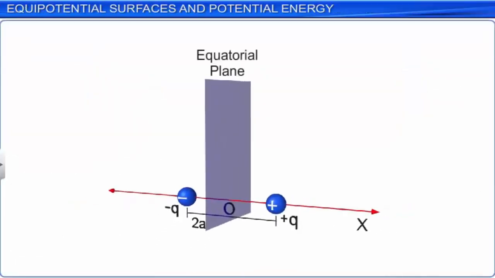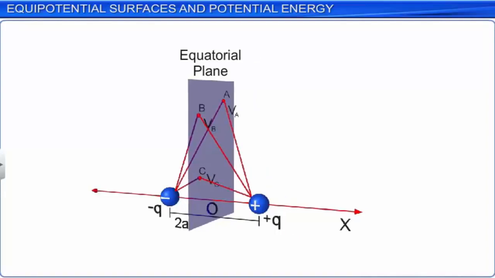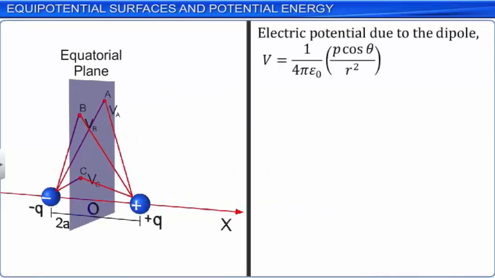Consider an equatorial plane of the electric dipole as shown. For various points like A, B and C, let the potentials be VA, VB and VC respectively. Electric potential due to a dipole is given by V is equal to 1 by 4 pi epsilon naught into P cos theta by r square.